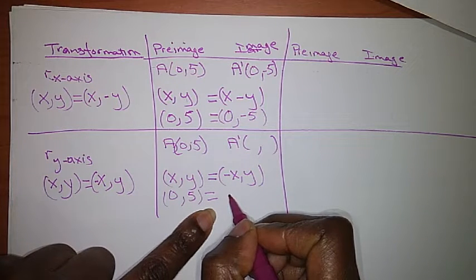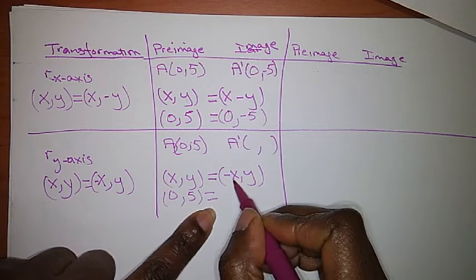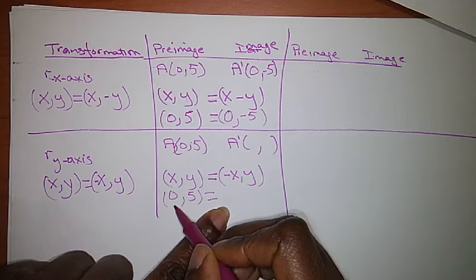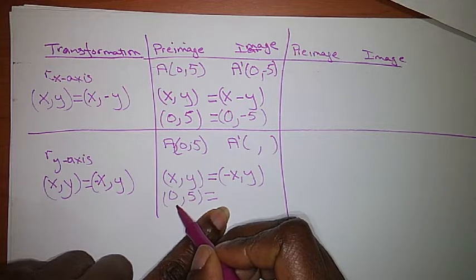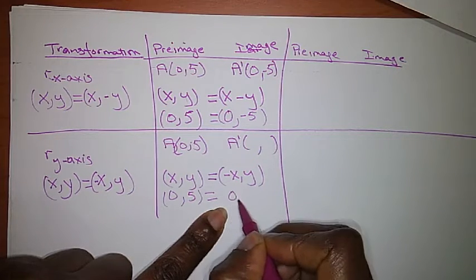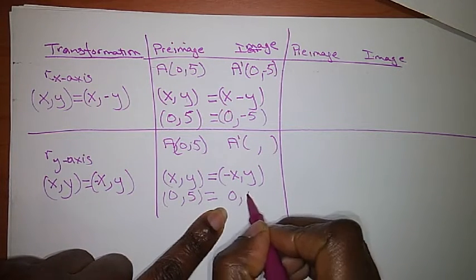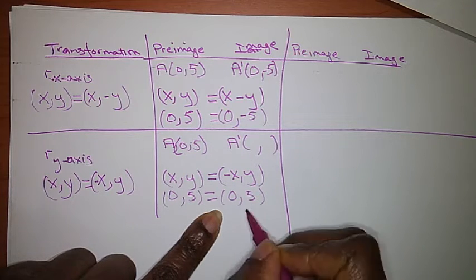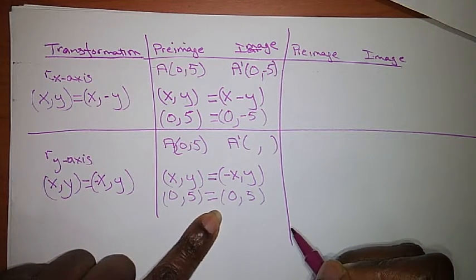After the reflection over my y-axis, my x value changes to a negative value. But because my x value here is 0, 0 doesn't have a negative or a positive. So my 0 stays the same and my y stays the same. If you notice, my image and my pre-image are the same.